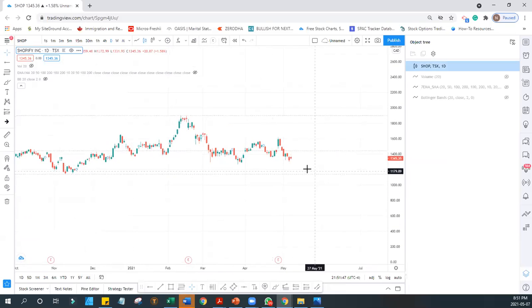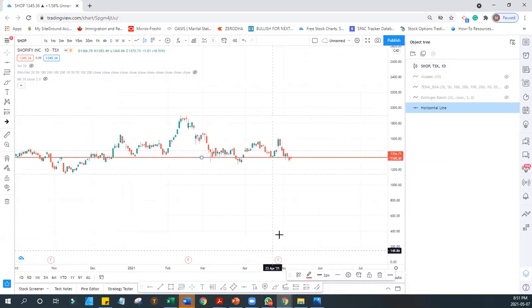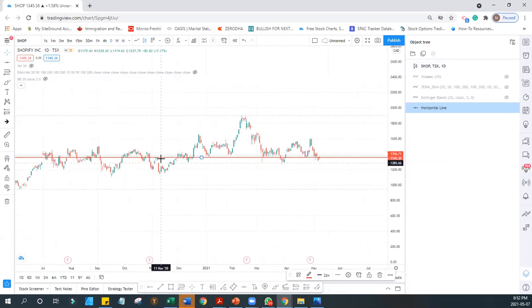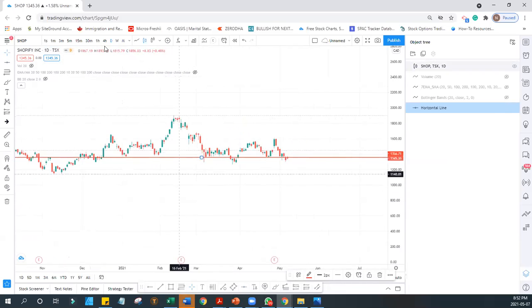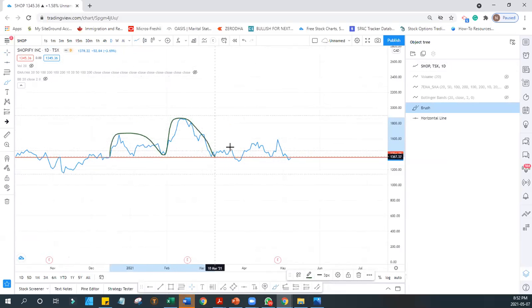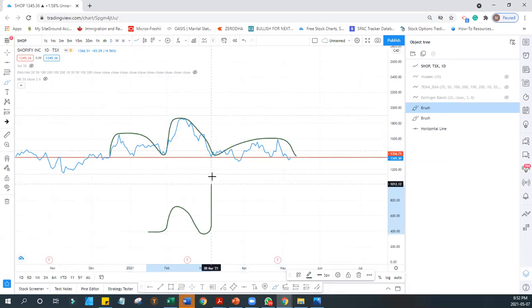So if you see here, this is the NYSE listing of Shopify, right? It's on a crucial support. Let's see this chart. I would say this is the left shoulder of a head and shoulders. A head and shoulders is usually a shoulder, the head, and a shoulder, and then it falls.